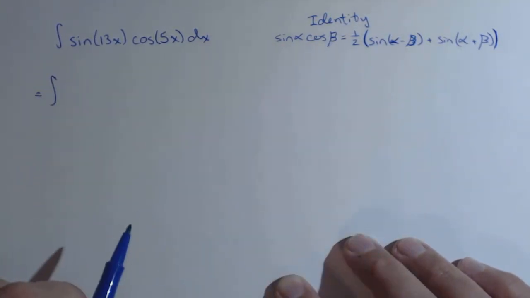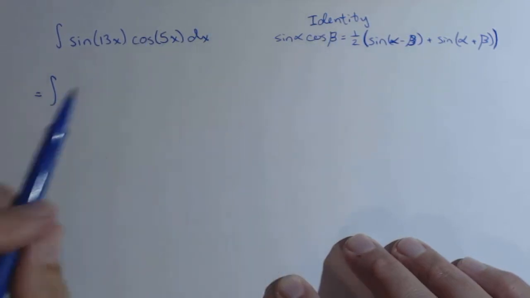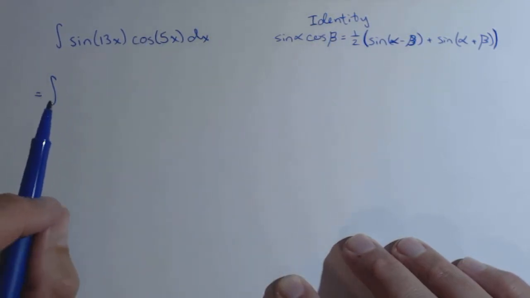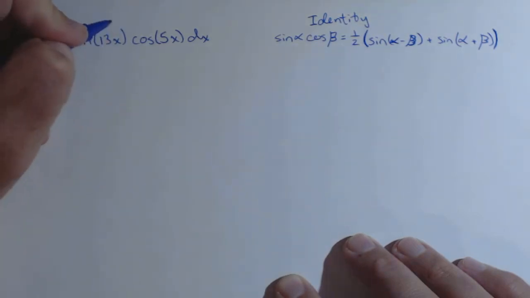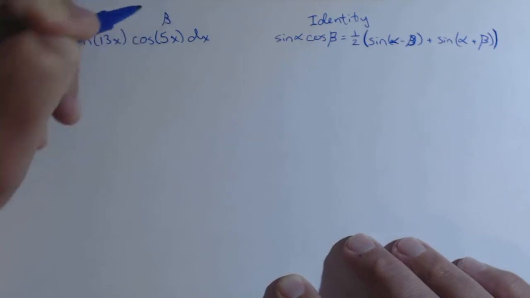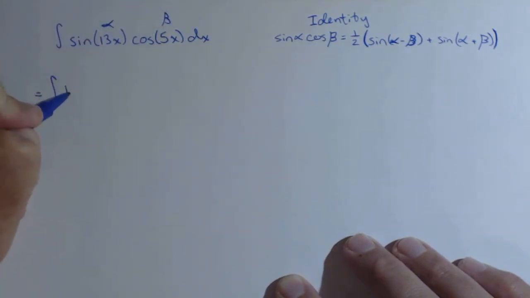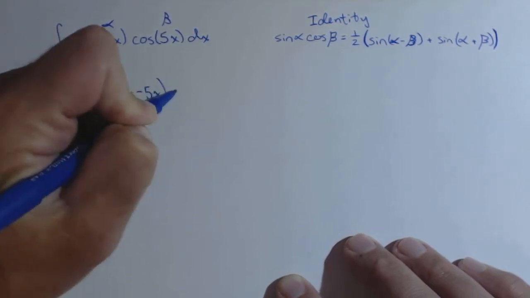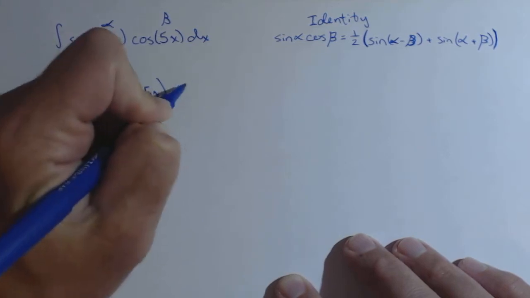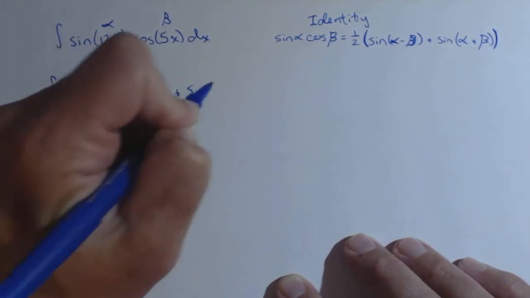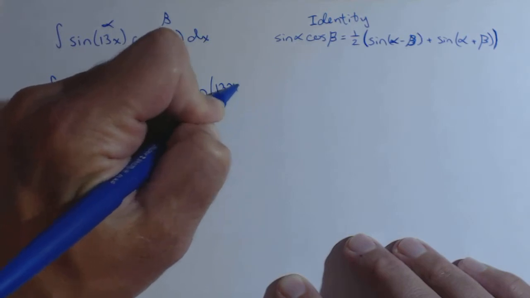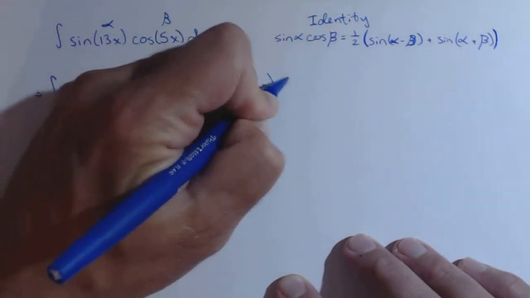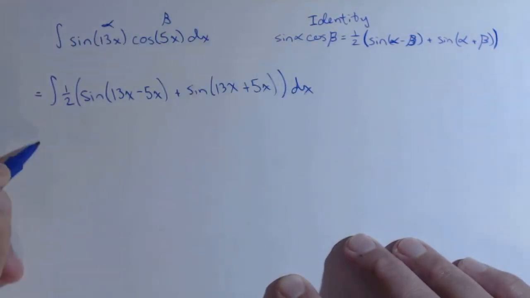So having this sheet of identities or knowing some of these identities can be really helpful in some of these integrals. So basically, this 13x is our alpha, and the 5x is our beta. So the new integral is going to be 1/2 sine of 13x minus 5x plus, these both get multiplied by the half, so be careful of that, sine of 13x plus 5x dx.